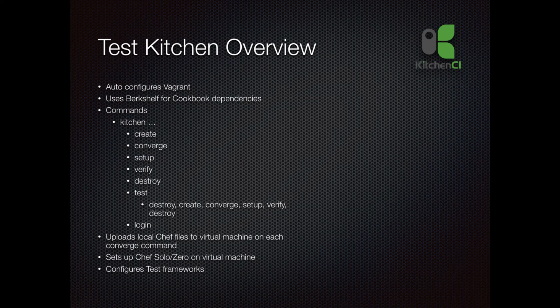So if in your metadata you say I depend on Apache 2 and I depend on Nginx and I depend on apt or yum, other community cookbooks, by default the Berksfile, when you create it using berks init, is going to look in your metadata at any cookbooks you're depending on, and then go look at the Supermarket for fetching them.